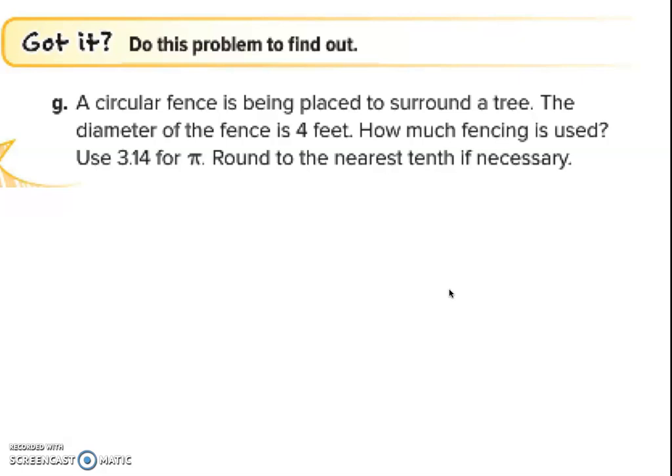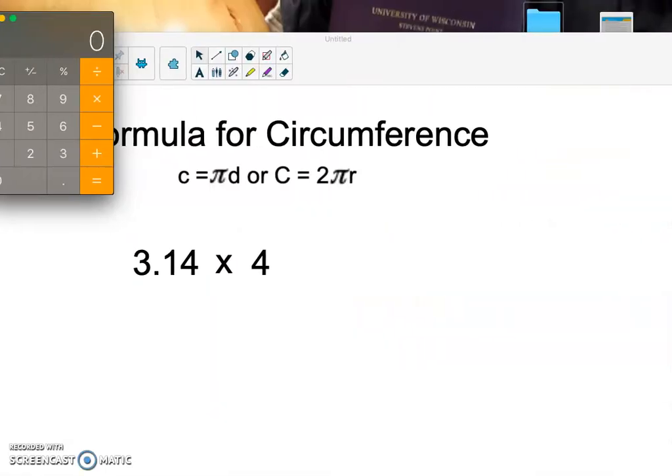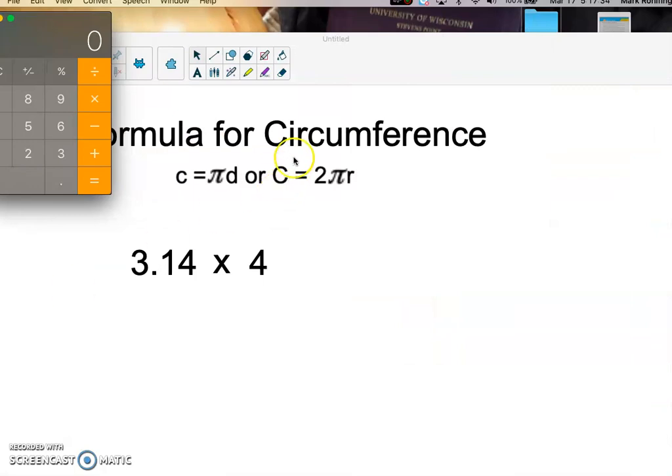Now, go ahead, read this one, try it, and we'll come back with an answer in a minute. Those of you that got 12.6 feet, great job. If you didn't get 12.6, let's do this the correct way. So remember, the formula for finding circumference is going to be pi, which is 3.14, times the diameter, which is 4.